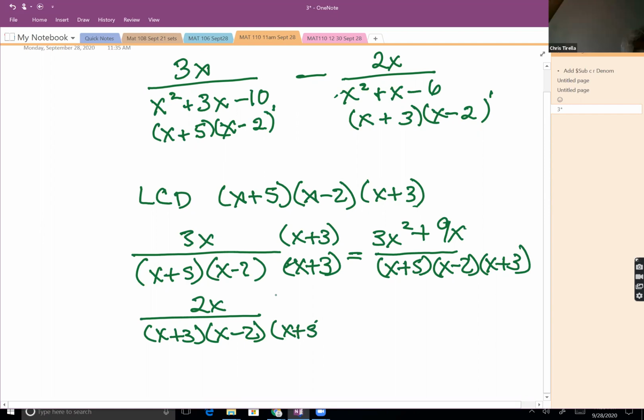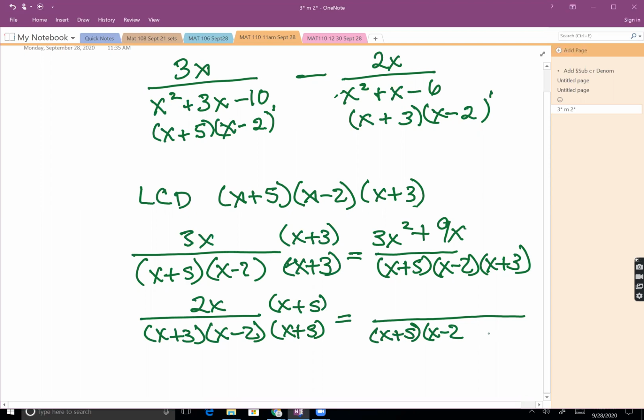And so we've got to multiply numerator and denominator by x plus 5. I can be lazy and leave my denominator factored. Got to work the numerators out, getting me 2x squared, what is that, minus 10x.